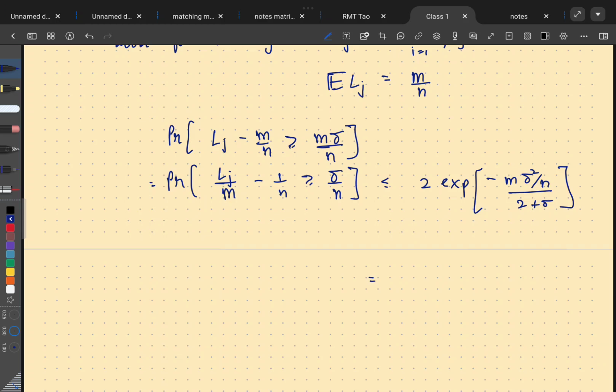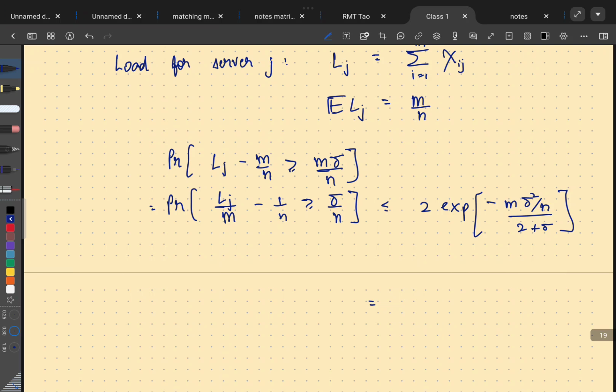Now I want to find out what is the probability, or what is the target probability. I'll say that the load is at most m delta by n with high probability if this probability is at most 1 by n.